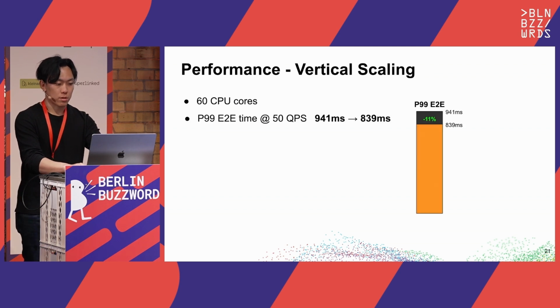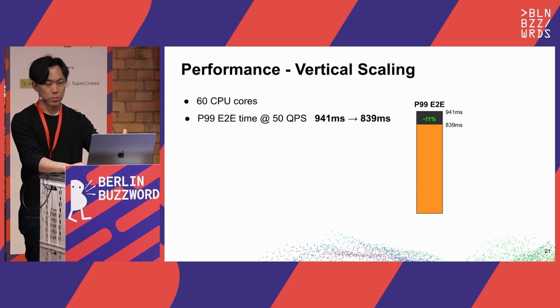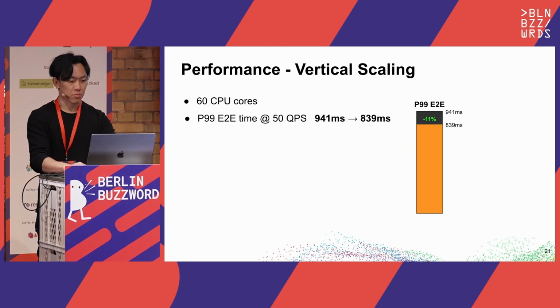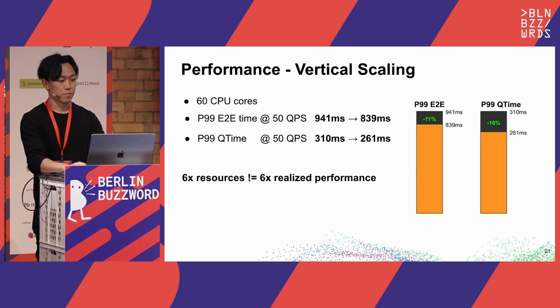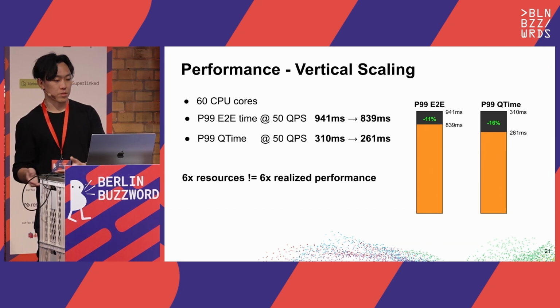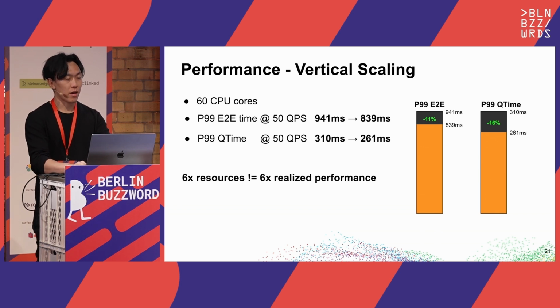Well, we saw the end-to-end time go from our initial about 900 milliseconds to 1 second, dropping about 10%, so there's some improvement. We saw the queue time also drop a bit, but I think it's very clear to people in the room that giving it 6 times the resources did not yield 6 times the realized performance. This is obviously not an effective solution.